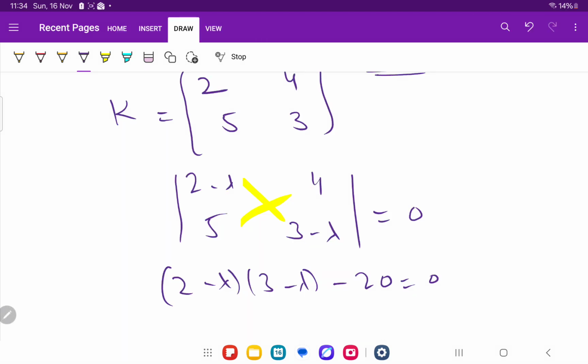So after writing the matrix K, we have written the characteristic equation.